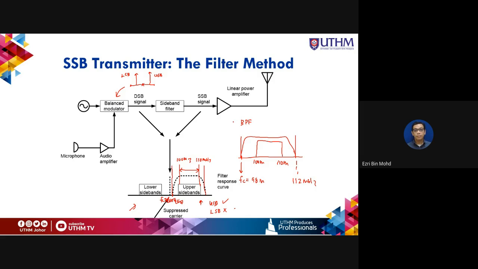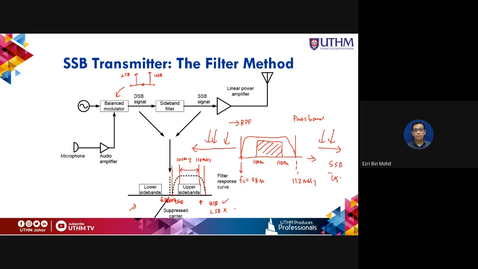So we use a band pass filter operating with a cut-off frequency region from 98 megahertz to 112 megahertz, so that our upper sideband is included in the passband region. Other than this region is eliminated, attenuated.